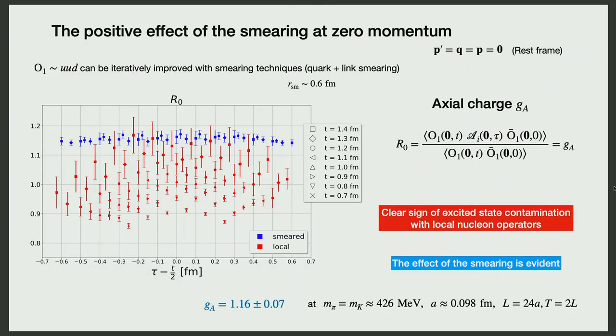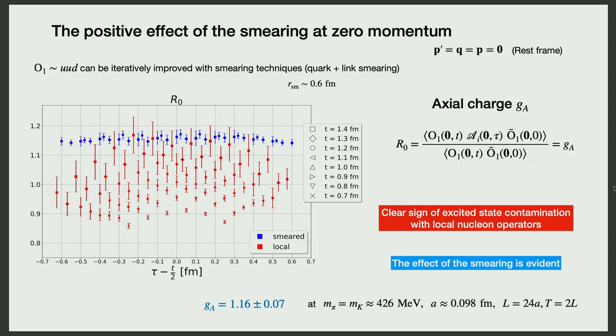Let me show you, first of all, the extraction of the axial charge from the cleanest channel, let's say, the rest frame, p' equal q equal p, which is equal to 0. So all the operators are projected to 0 momentum. This is a comparison plot between the extraction of the axial charge from local nucleon operators and smeared nucleon operators.